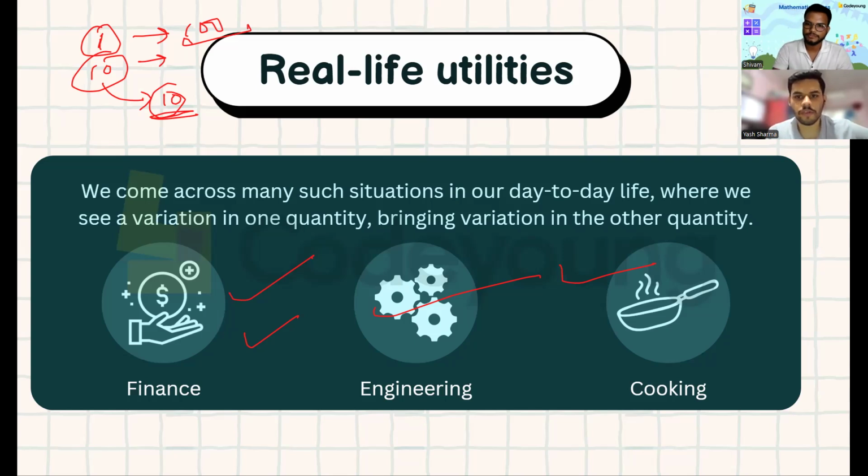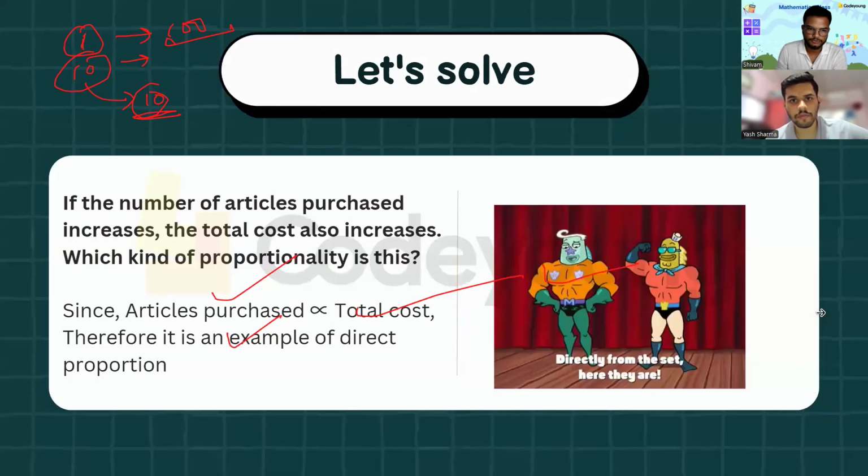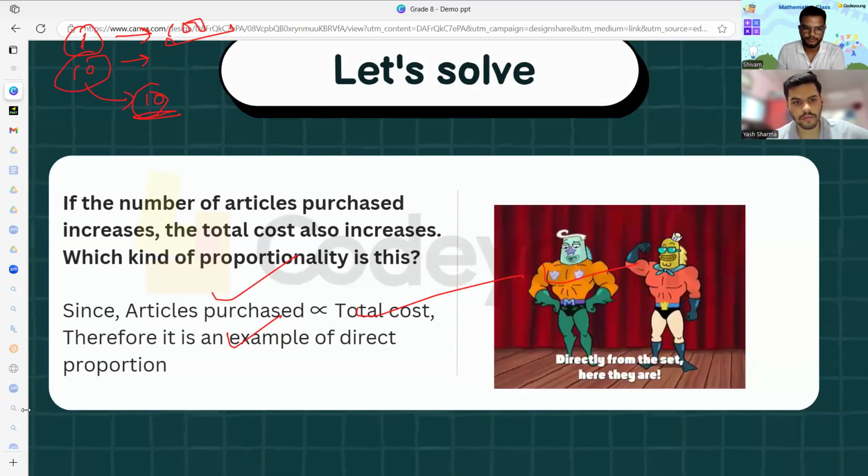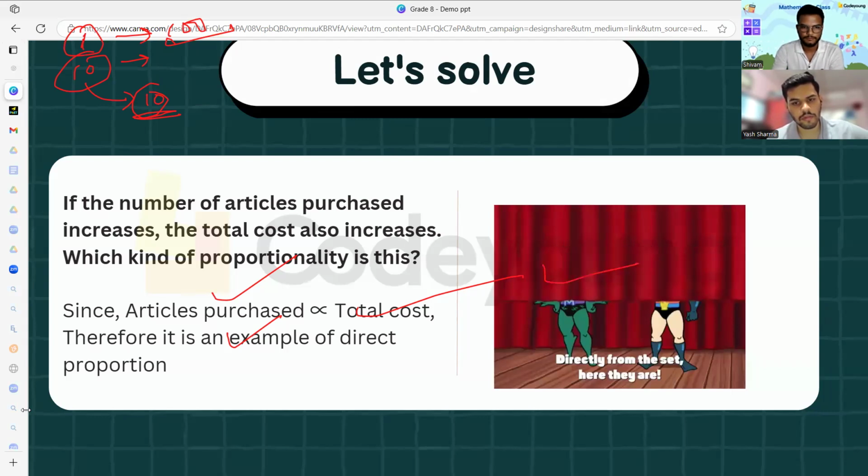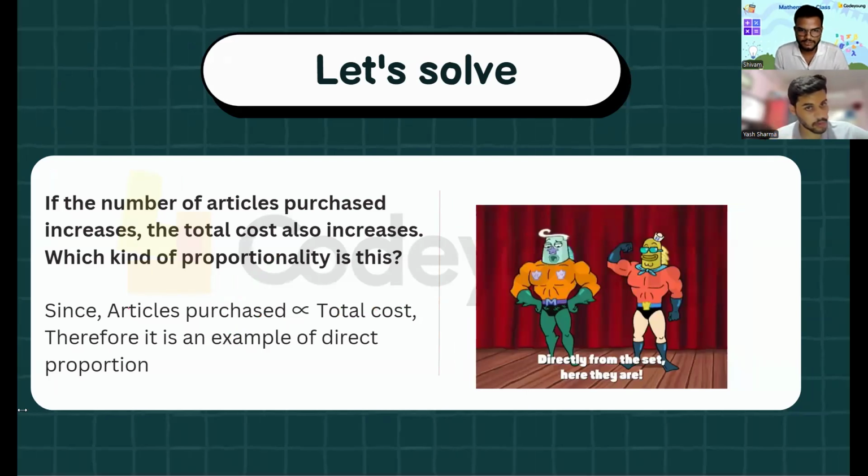So this is the application of proportionality. I hope you got it, right? Yes, sir. Do you have any question? No, I don't. Then let's solve this problem. If the number of articles purchased increases, the total cost also increases.